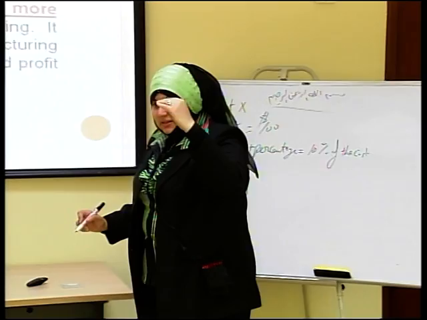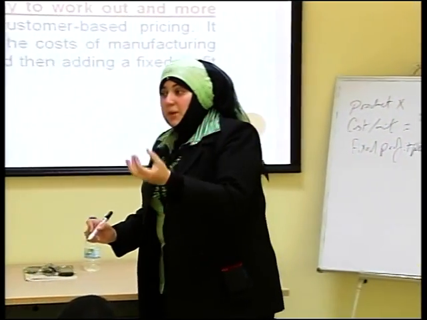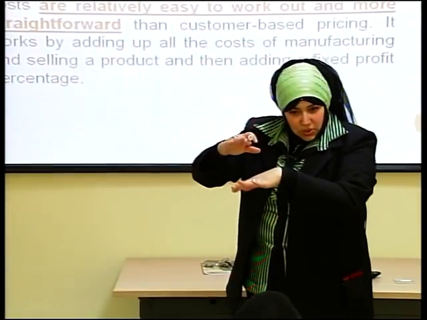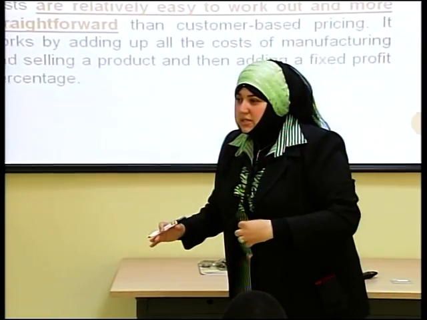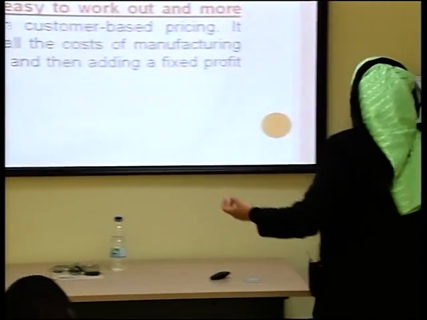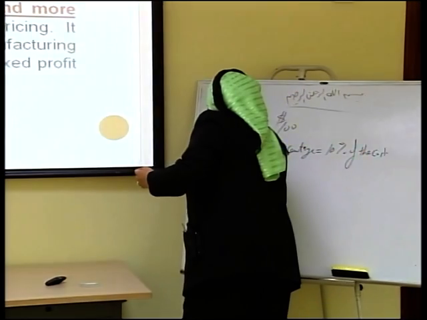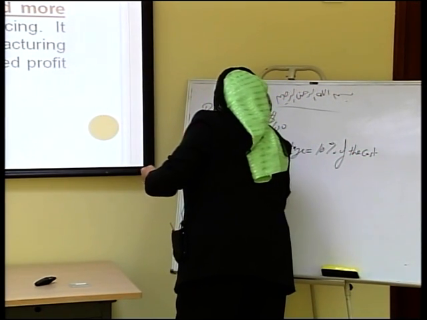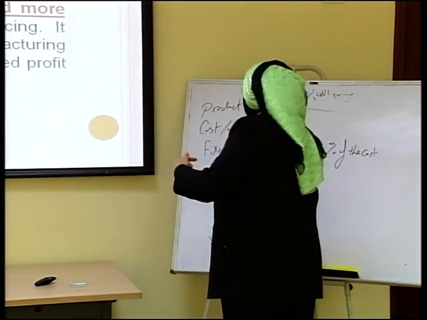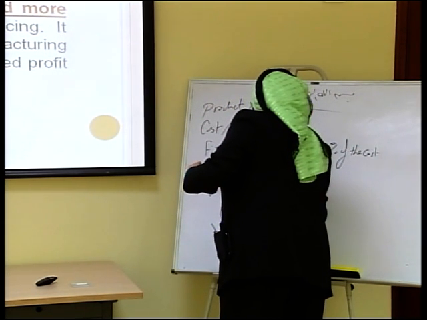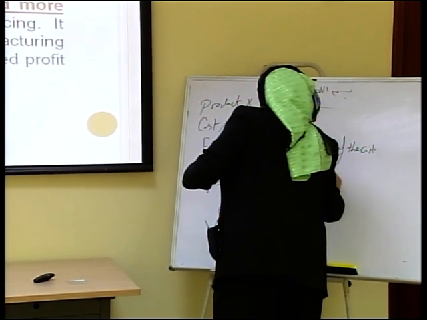Then this means that the company should calculate 10% of the cost and add it to the cost to get the selling price. This means that the selling price per unit equals the $100 cost plus 10% of the cost.